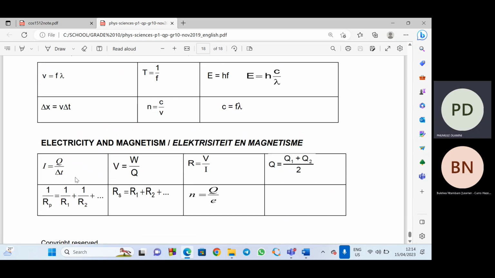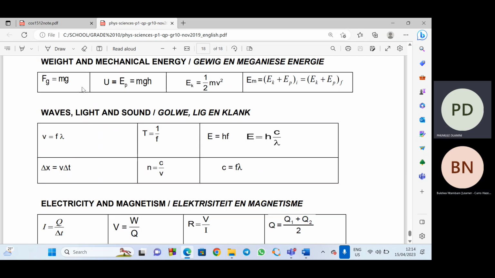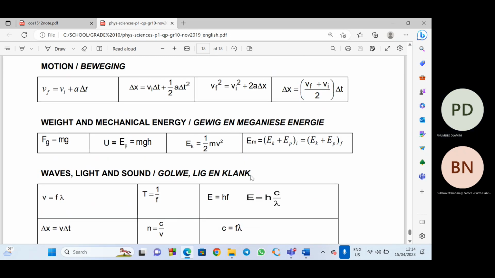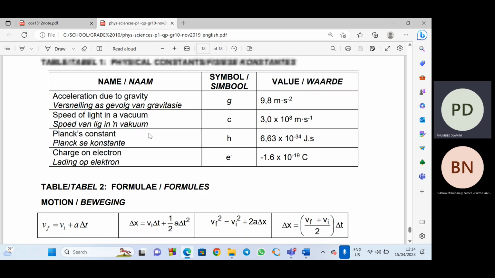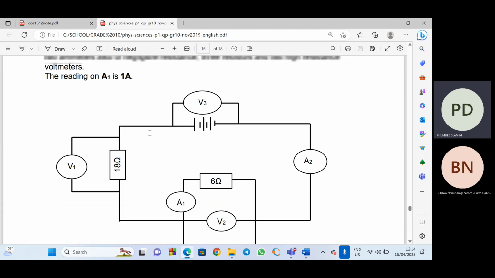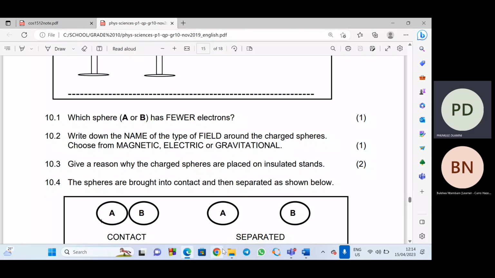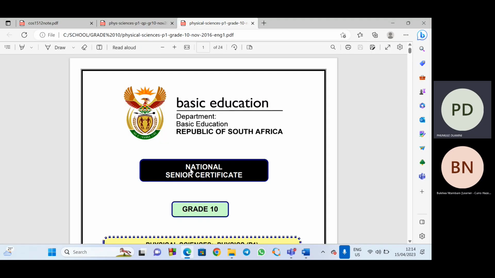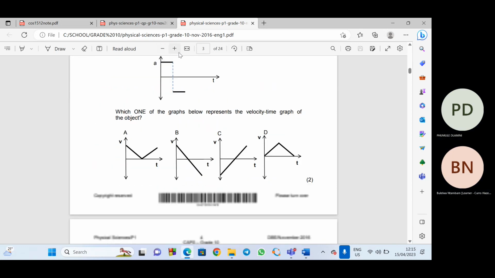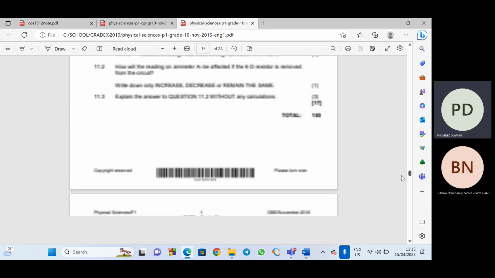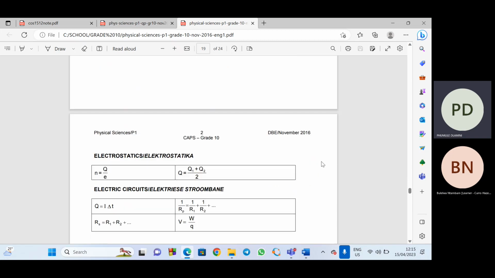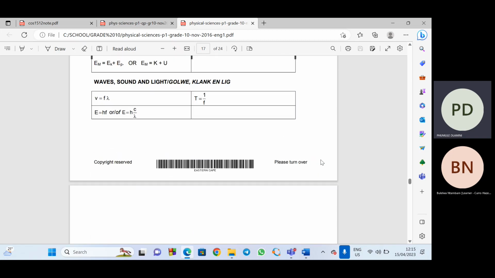I don't see those formulas that I was giving you in your formula sheet, but it's not a problem as long as you know how to use them. Let me check another one, 2016. This one is for NCS, but it's all the same questions, the same formulas.